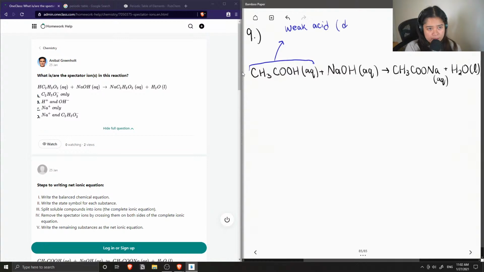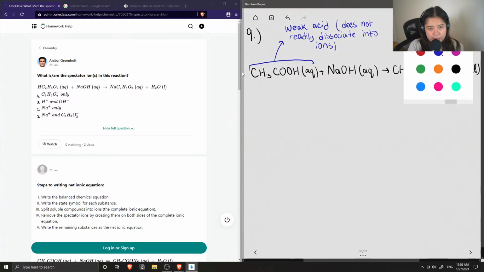So this means it does not readily dissociate into its ions, and it only partially dissociates.